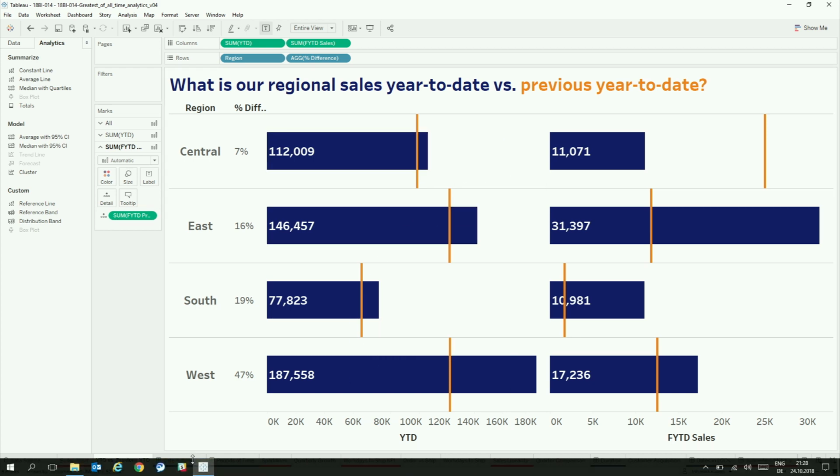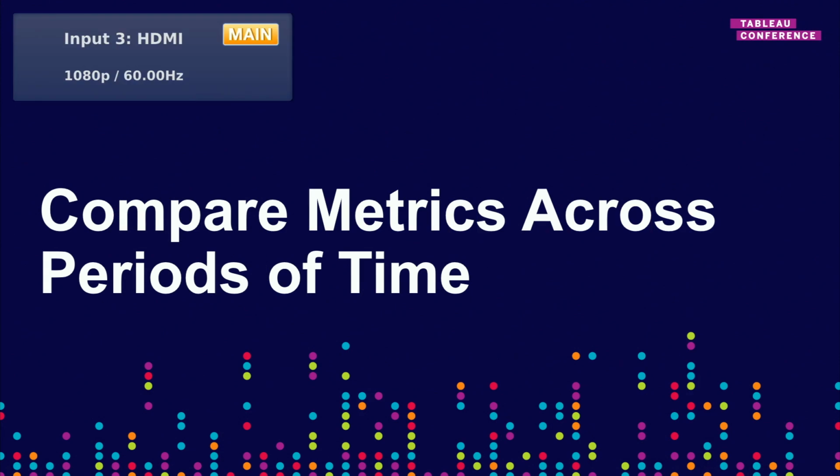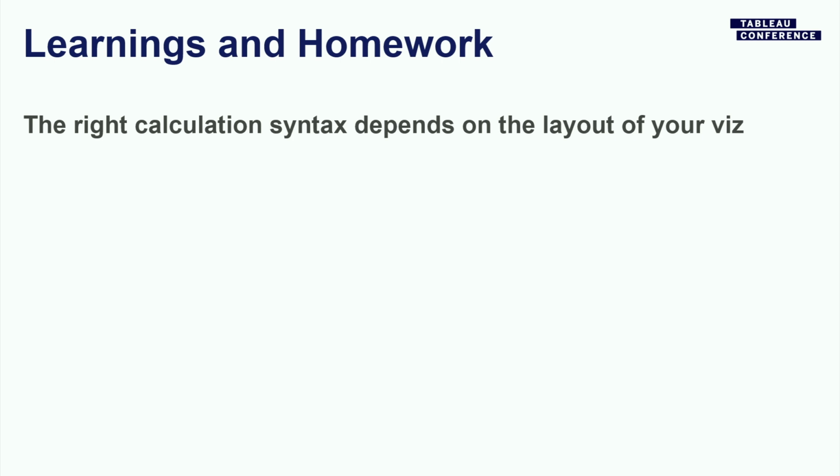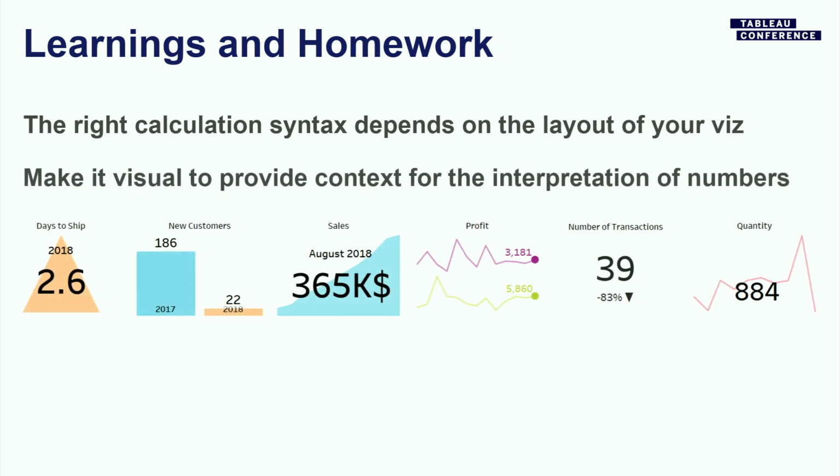So with that, I hope that the presentation has been helpful for you. This is titled Learnings and Homework. The ultimate takeaway from this session should be that the layout of your viz determines the type of calculation that you need to write in order to get the right numbers to display. Anything should be visual and also big numbers.